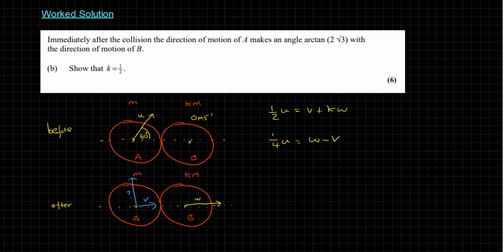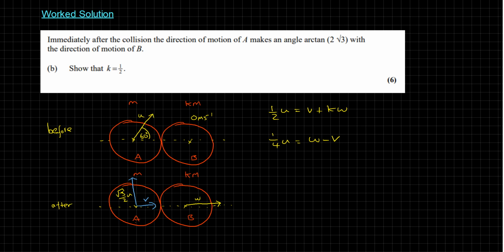So that's √3/2 U. And that's not going to change just because it's collided. So let's write that in now actually. So that's √3/2 U, which is exactly the same as it was originally vertically here. That's the U sine 60. So we've got that there.